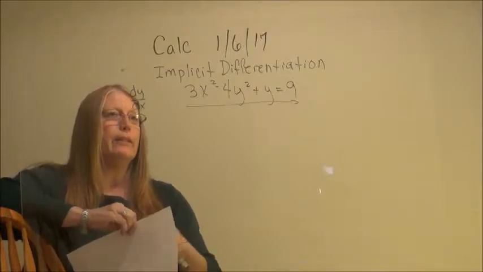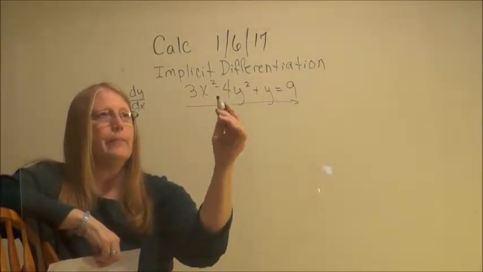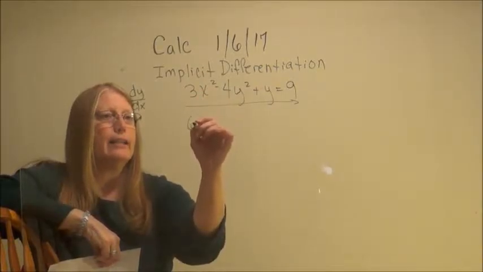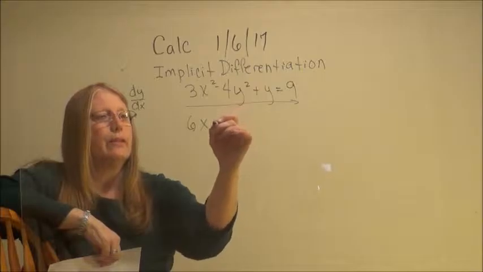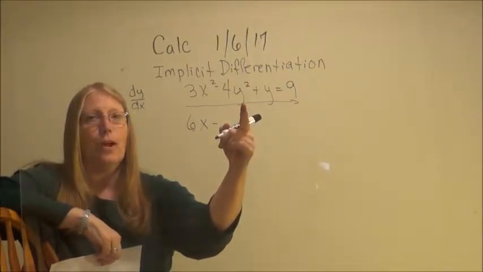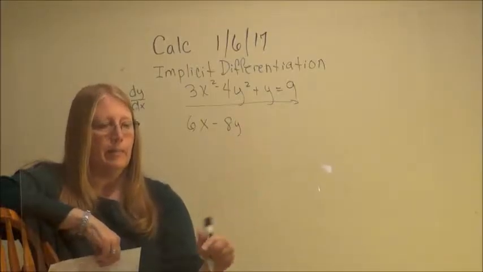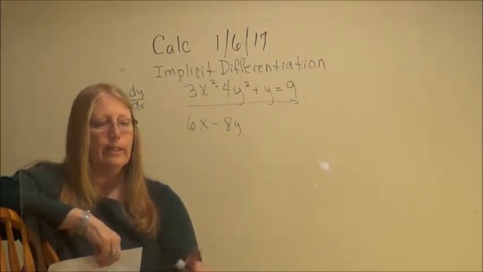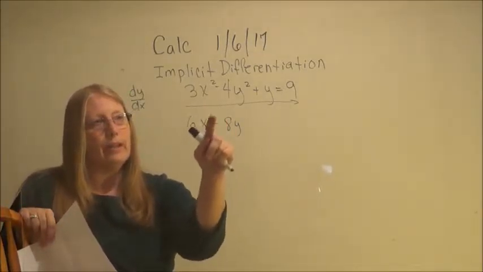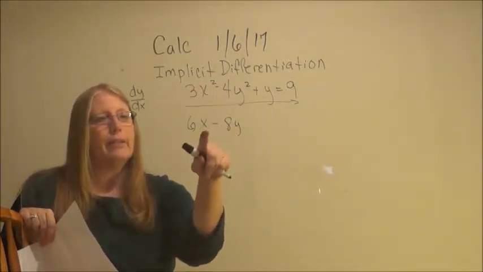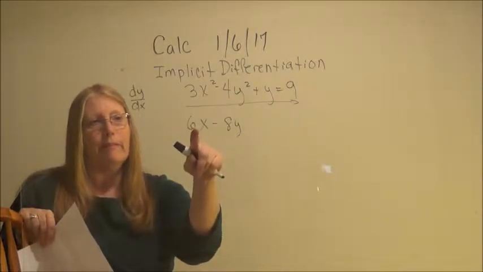So the first one, since it has the x variable in it, we're going to get 6x when we take the derivative. Over here, it's going to be similar, but since it's y, we do negative 8y, but we have to use the chain rule. On the first term, we have 6x times the derivative of x, but that's 1, so I didn't even mention it.